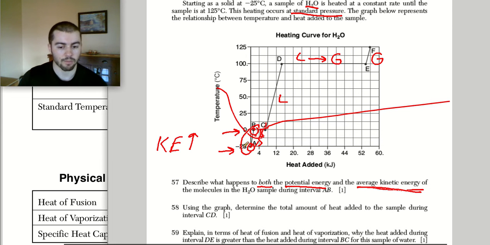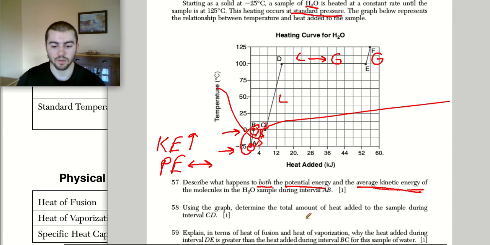But if we're in the same phase, as we are for segment AB, the only thing that's changing is the kinetic energy because we're increasing the temperature. So the answer here would be KE increases and PE stays constant, because we're staying in the same phase.